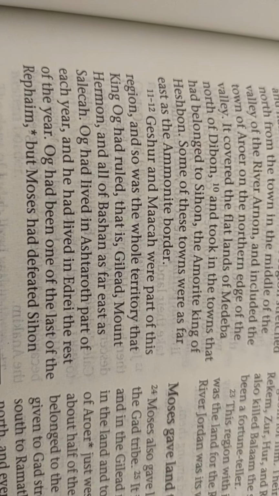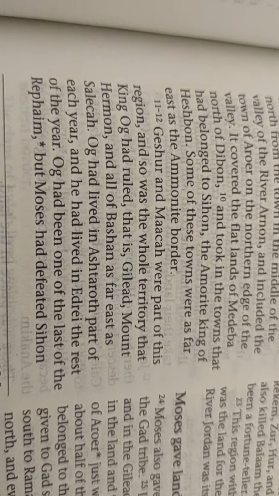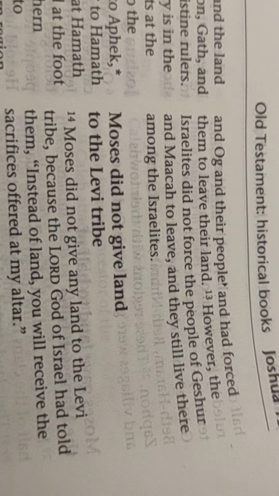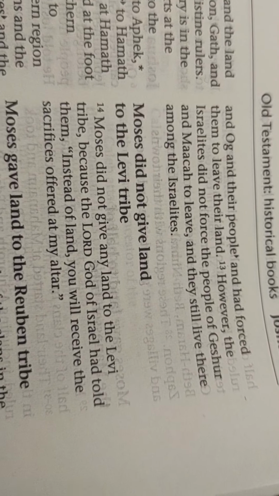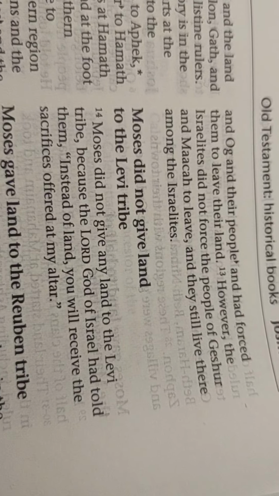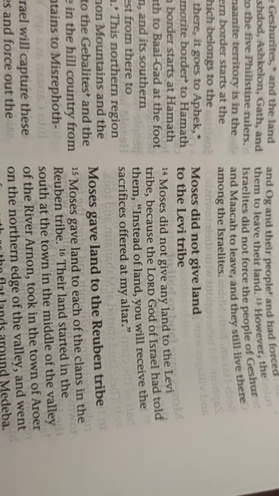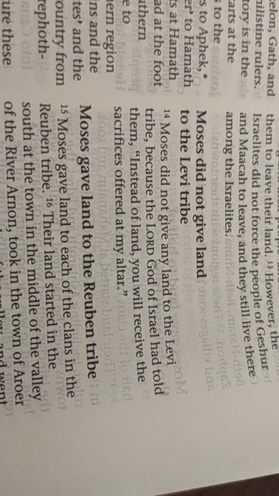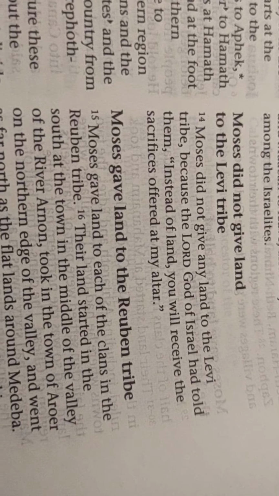Og had been one of the last of the Rephaim, but Moses had defeated Sihon and Og and their people and had forced them to leave their land. However, the Israelites did not force the people of Geshur and Makkah to leave, and they still live there among the Israelites. Moses did not give land to the Levi tribe.